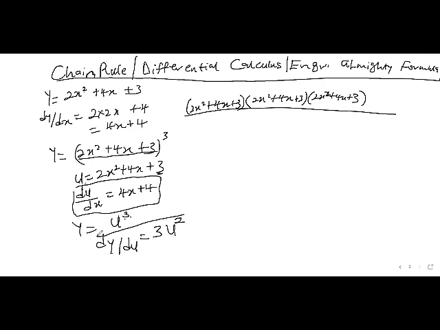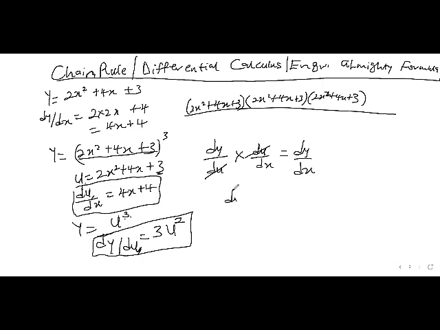So differentiating y with respect to u will give me dy over du. But now I observe that there's a du at the bottom here and there's a du at the top here. So that means if I do dy over du times du over dx, this du will cancel. I'm going to get dy over dx, which is actually what I need.